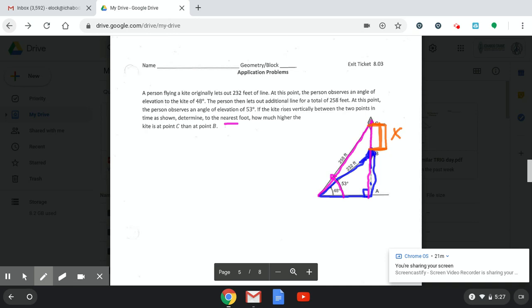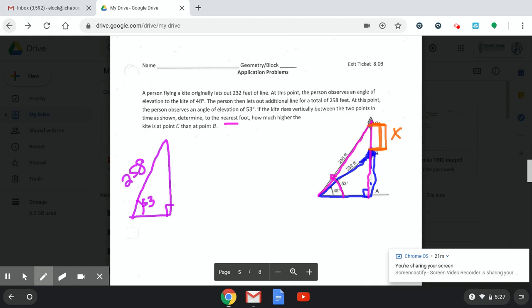So what we're going to do again is redraw our two triangles. The tall right triangle, trying to keep the same colors here, had that angle of elevation to be 53 degrees, and its line is 258 feet long.